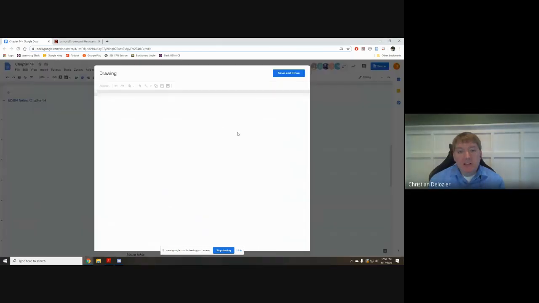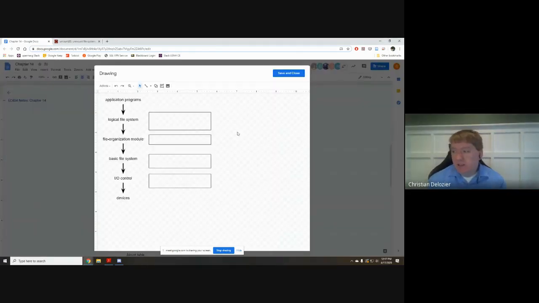So the book gives this diagram that we're going to fill out together here, that shows the overall hierarchy of a file system. We have a layered approach here that allows us to make this very modular.